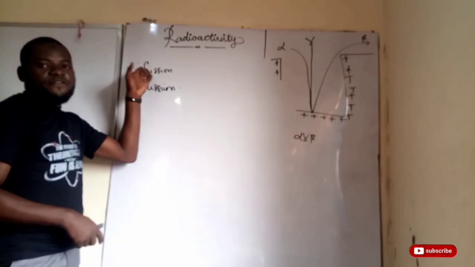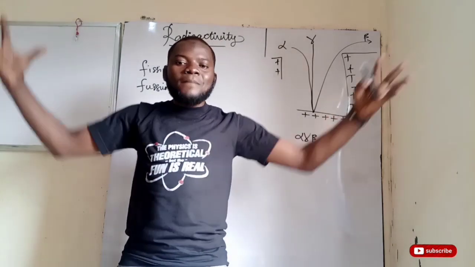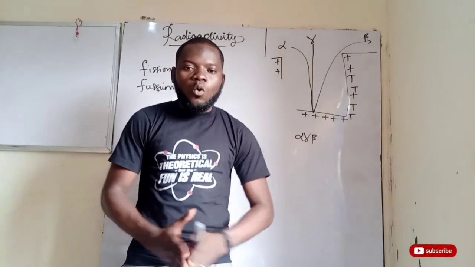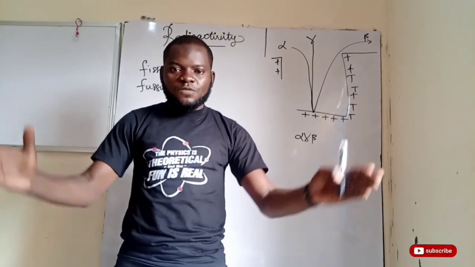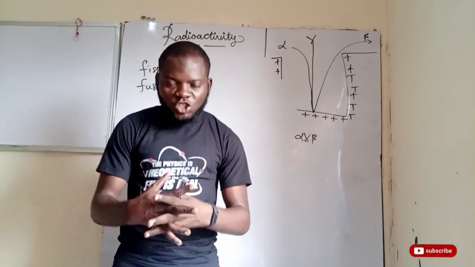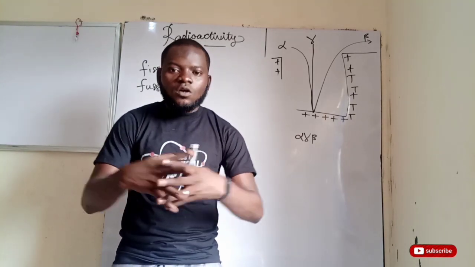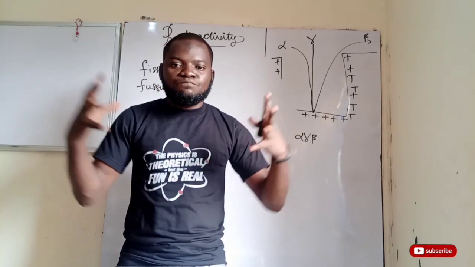When you talk about nuclear fission, it is when something that is massive breaks to small parts. That is, it splits to smaller parts. That is fission. But when they say fusion, it simply means when something that is small comes together to form something that is big.